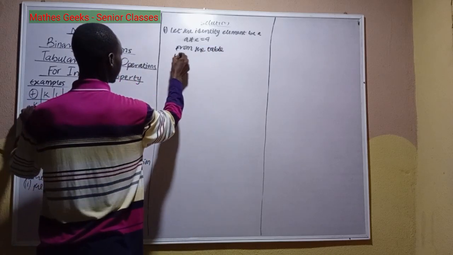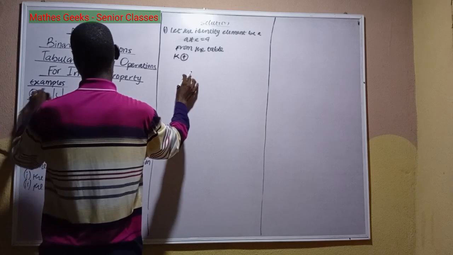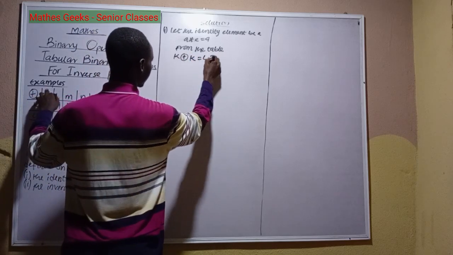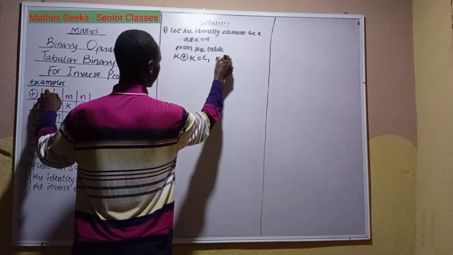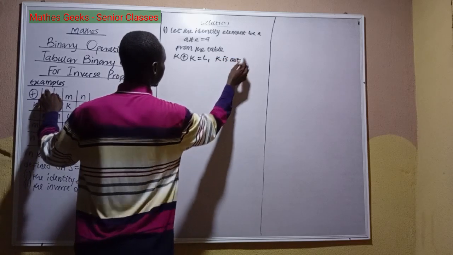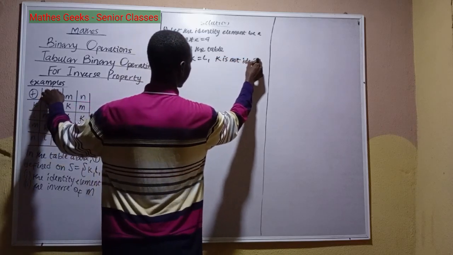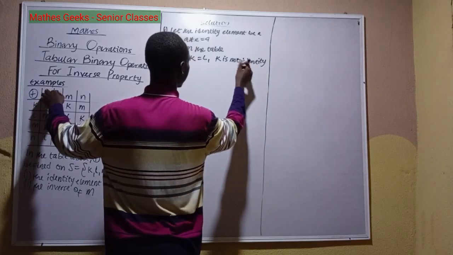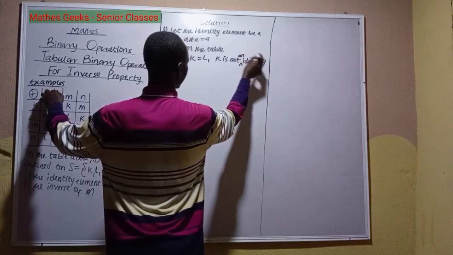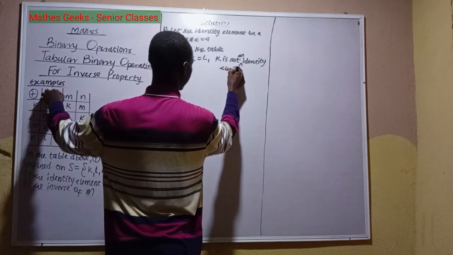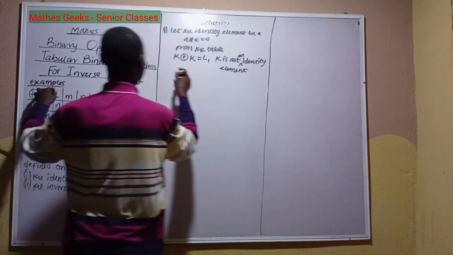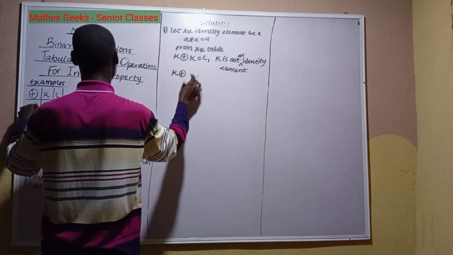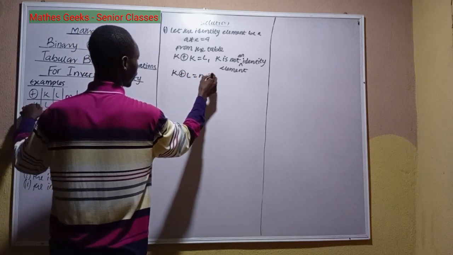K operation K is equal to L. It will not give us K back, so K is not an identity element. K operation L is equal to N.